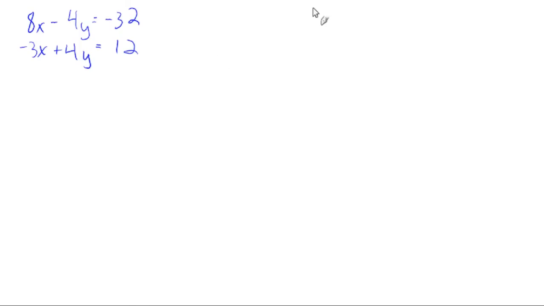Okay, and now what we're going to learn is the elimination method. What we're eliminating is one of these variables. We're eliminating either x, or we're going to eliminate y, so that the other is the only thing that's left.